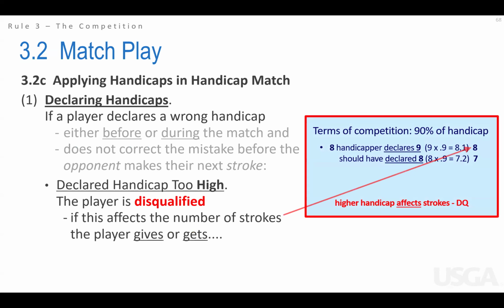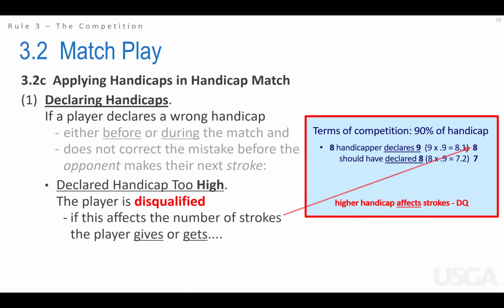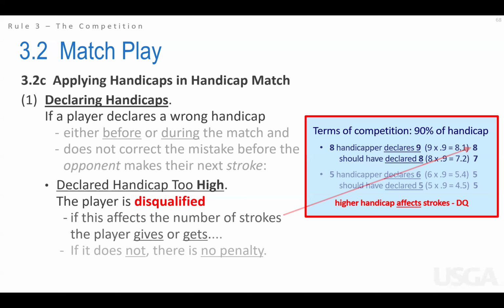The only way out of it, actually, is if it doesn't affect the number of strokes the player gives or gets. If it doesn't affect the number of strokes that they give or get, there's no penalty. So going back to our first example here, if they're an 8 handicapper and they told their opponent they're a 9 when they should have declared an 8, and based on the formula of the course rating, the slope, and the course handicap, that gives them 8 strokes where they should have gotten 7, they're going to be disqualified.